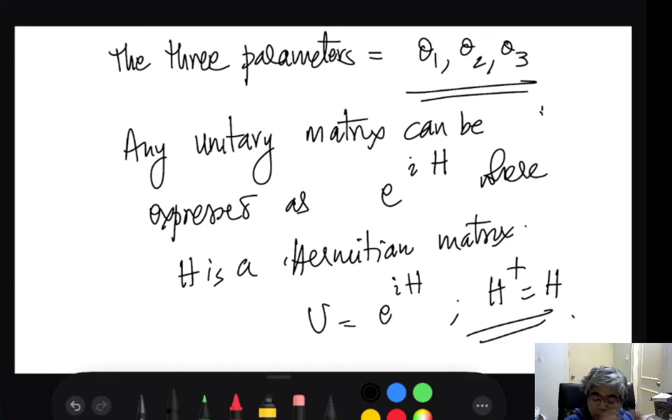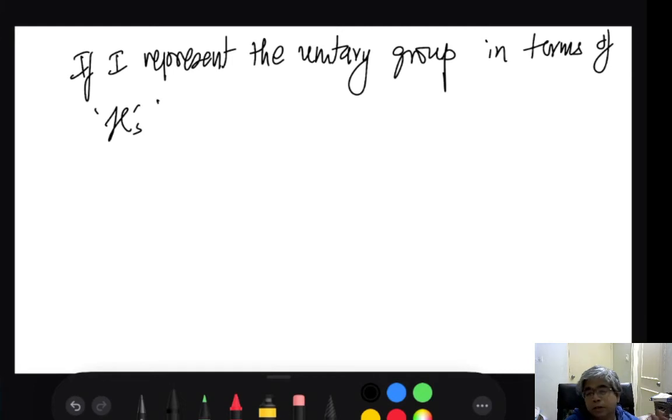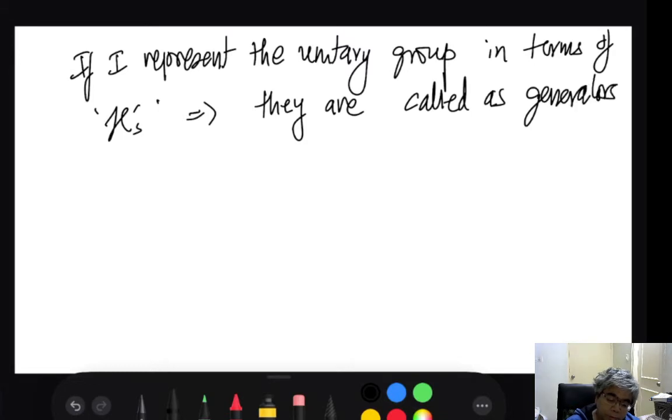So if I represent the unitary matrices of SU2 in terms of these H's, because it's a continuous group, these corresponding H's end up being called the generators of the group.